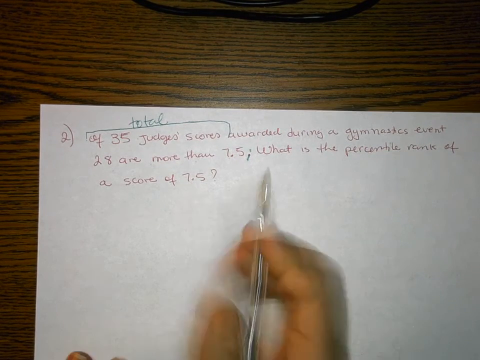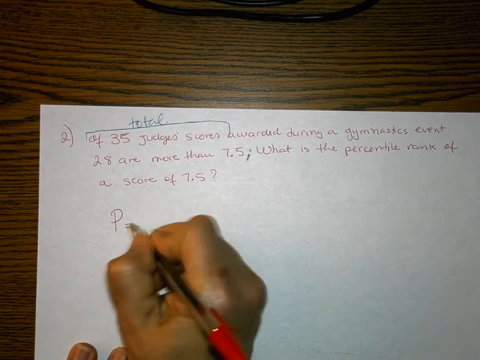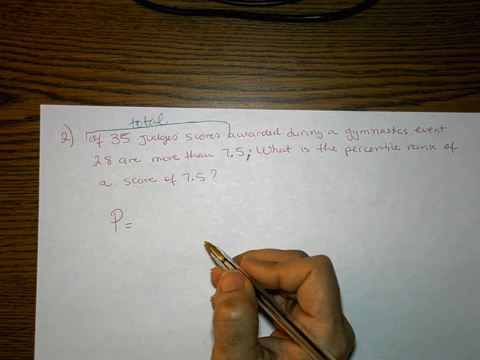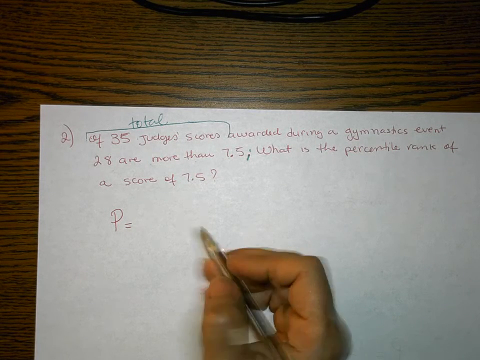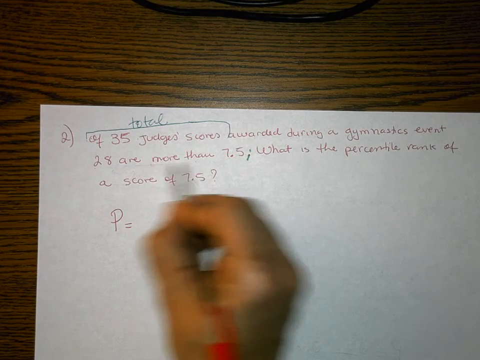My percentile rank is always the value less than or equal to. They didn't give me that. They gave me 28 are more than 7.5.